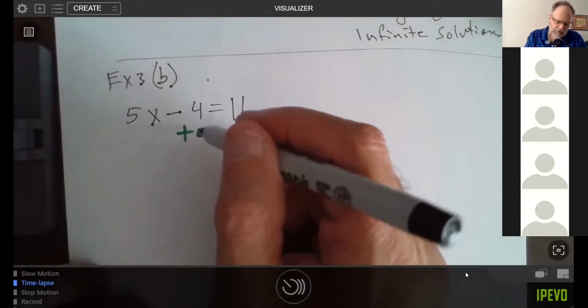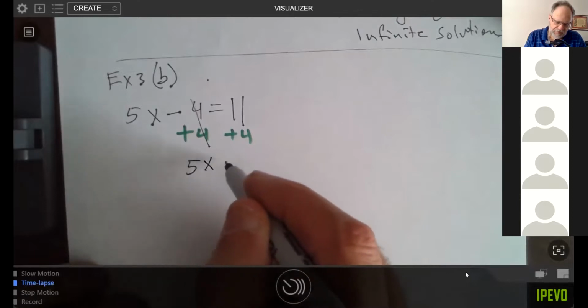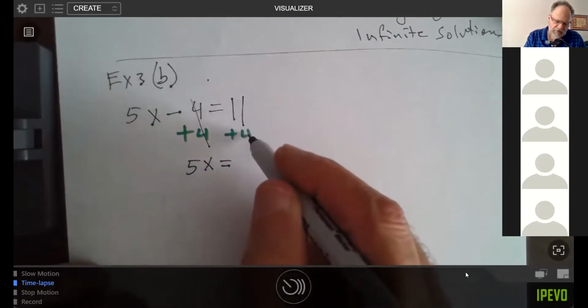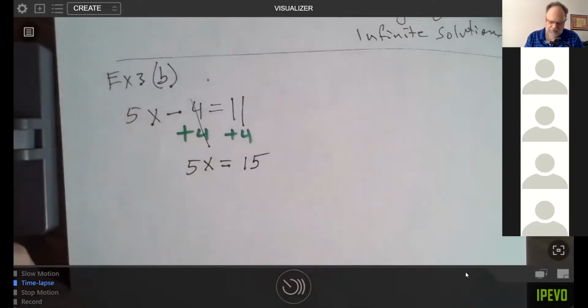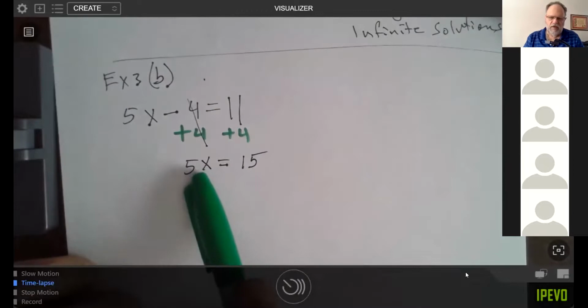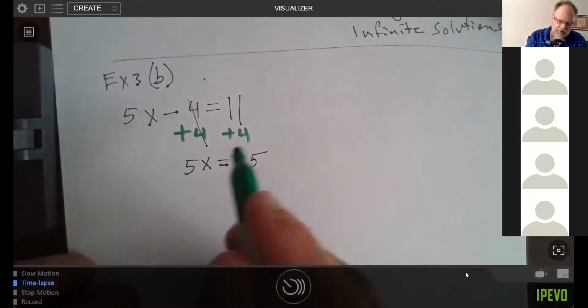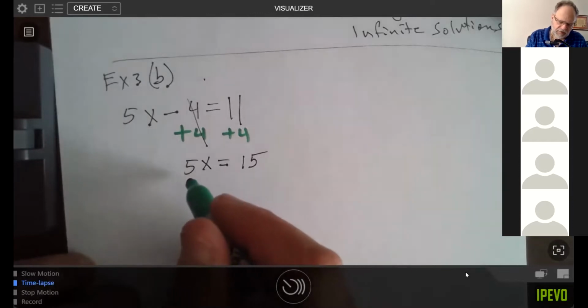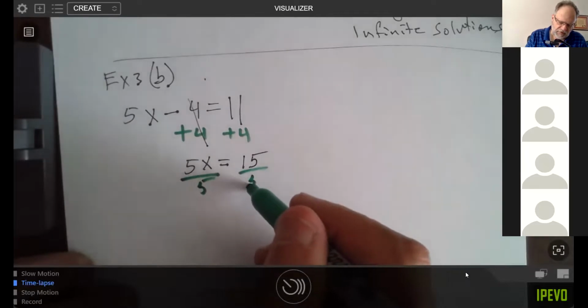So the 4's go to 0. That'll be 5x, and then 11 plus 4 is 15. Good. And now the 5 is multiplying x, so we want to do the inverse operation of multiplication, which would be what? Divide both sides by 5. Very good.